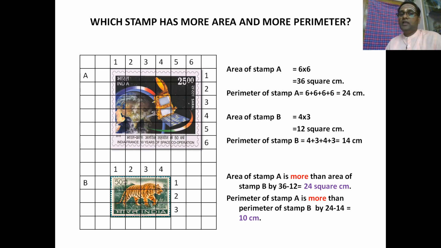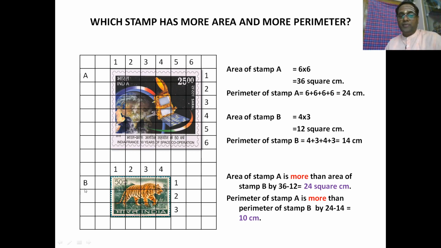And how many rows? 1, 2, 3, 4, 5, 6. So stamp A has 6 boxes and 6 rows. So 6 into 6 makes 36. So the area of this stamp is 36 square centimeter.